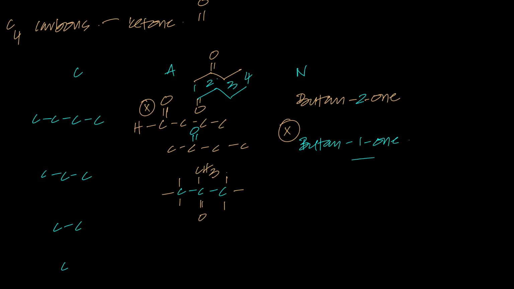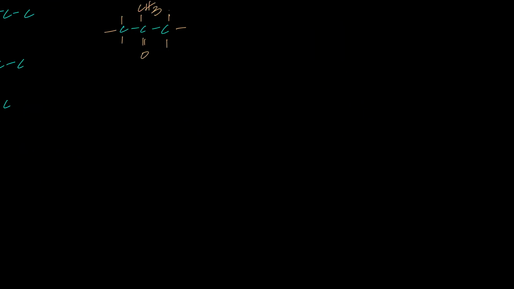There's no such thing as butan-1-one. What is this fella? This is meth-eth-pro-butanal, and we ignore functional group isomers, although these two are isomers. They are functional group isomers. These things are important.